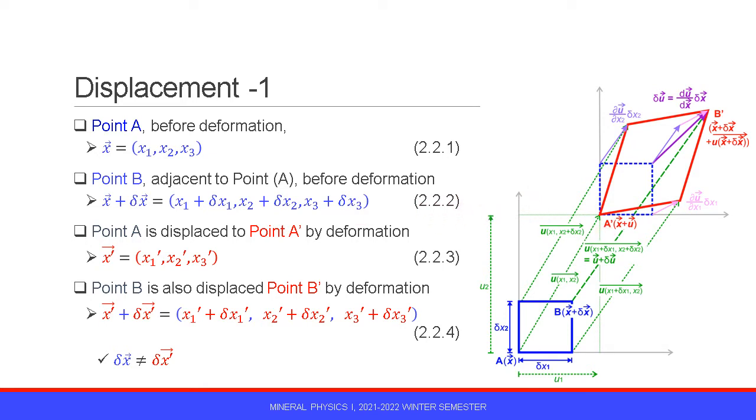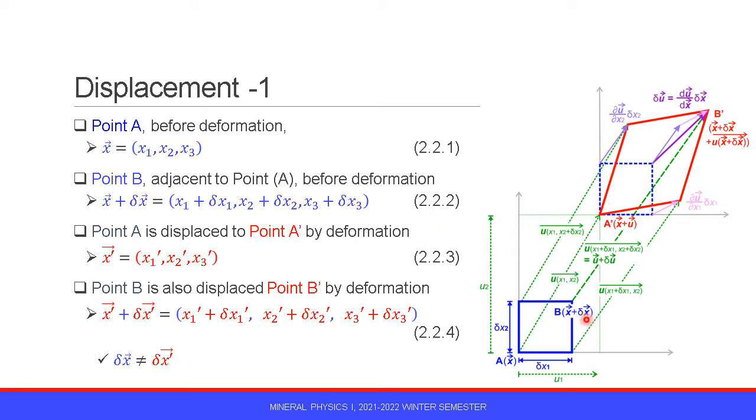Then point A is displaced to point A prime by deformation, and the position of point A prime is expressed using the position vector x prime, whose coordinates are x sub 1 prime, x sub 2 prime, x sub 3 prime.